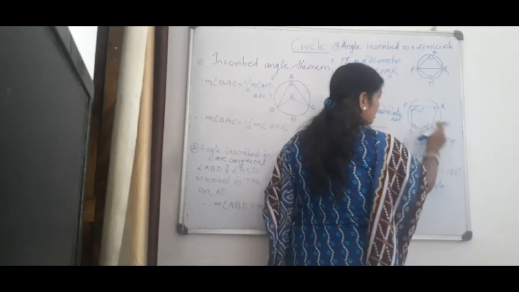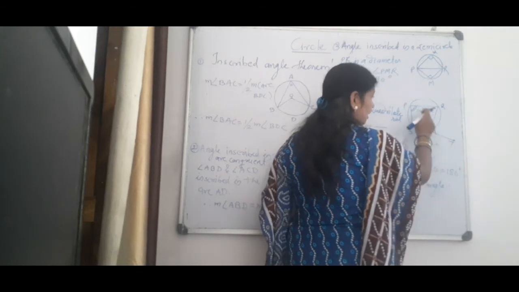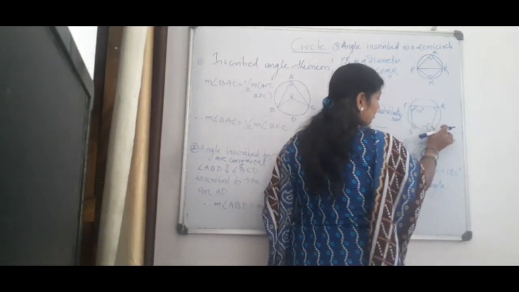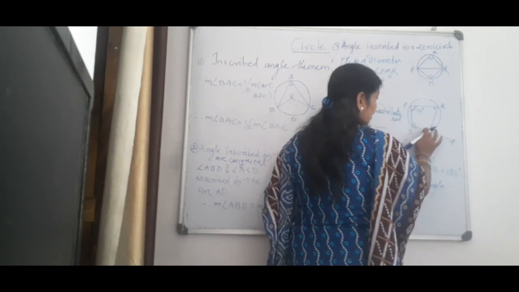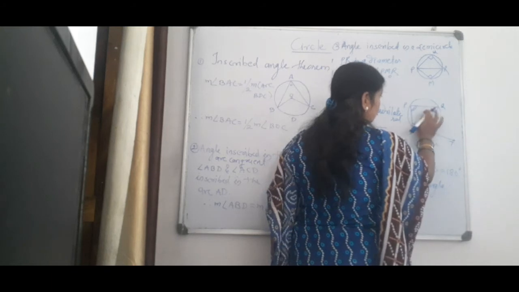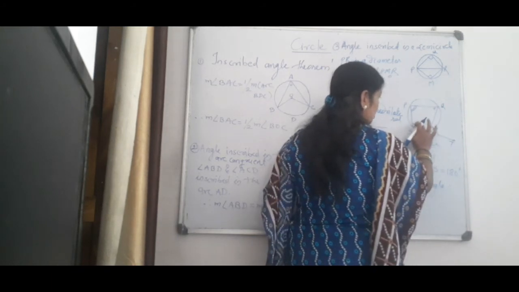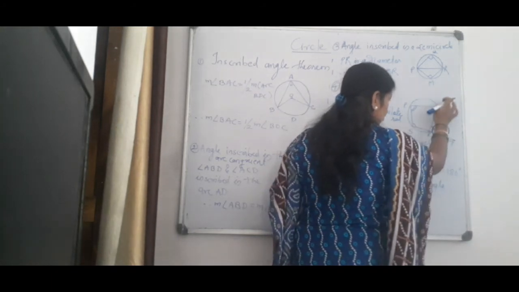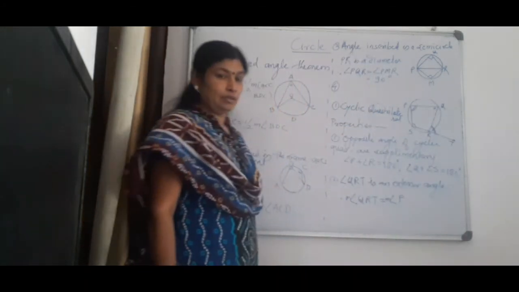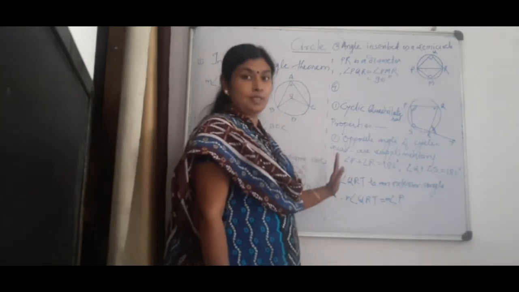Therefore QRT is also how much? 70. You can directly write the reason exterior angle, or you can find that angle by angles in a linear pair. Now if it is 60, then how much is it? 120. These types of questions are based on this. Or if QRT is given, you have to find out angle P and angle R.